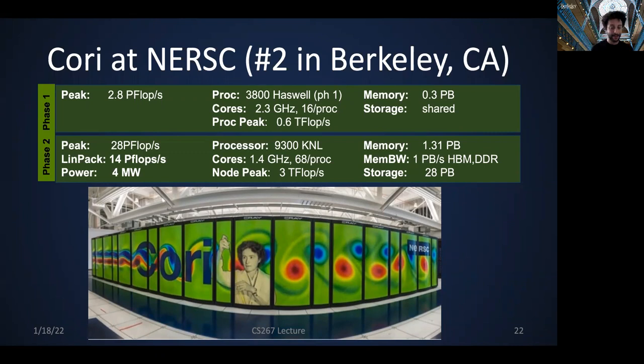One of them has more traditional Haswell CPUs that are close to what you're used to as a multi-core processor, and the other has so-called KNL, Knights Landing processors, which have many more cores, but less powerful cores, and you can tell from the frequency of each core. This is the machine you're going to be using for most of your homework.